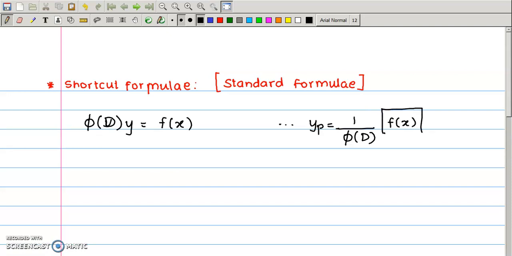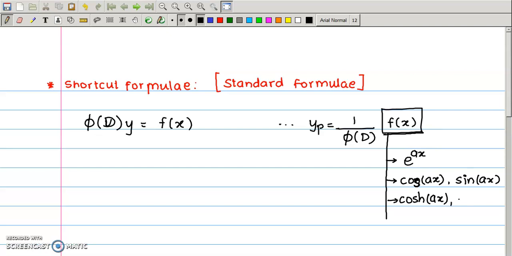If this function f of x is continuous function, then there are mainly 5 types of continuous functions. First one, exponential function, that is function of the form e raised to ax. Second one is trigonometric. Basic trigonometric functions are cos ax or sin ax. Then hyperbolic function, cos hyperbolic ax or sin hyperbolic ax, or our function is algebraic or polynomial type.